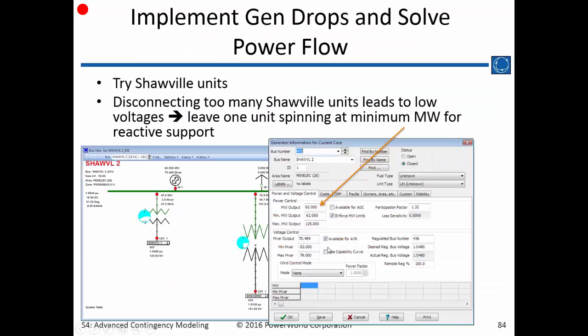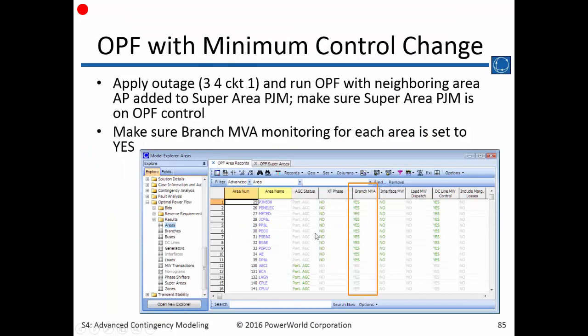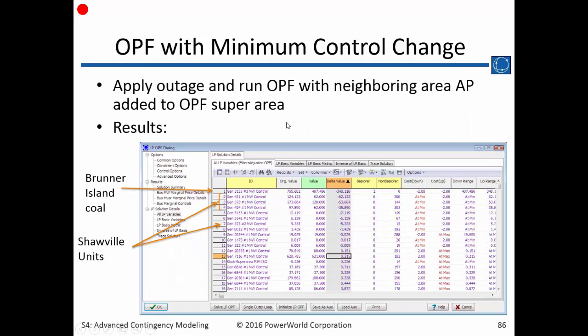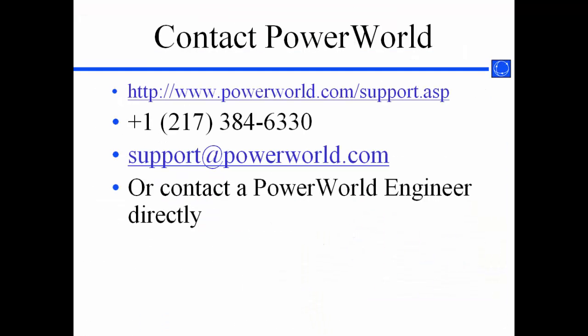And then you can also look at OPF with minimum control change. So put it in the post-contingent state, run the OPF with minimum control change, and the OPF results will tell you which controls were changed and by how much, and you can use that as a guide for which changes might be part of a remedial action scheme as well.